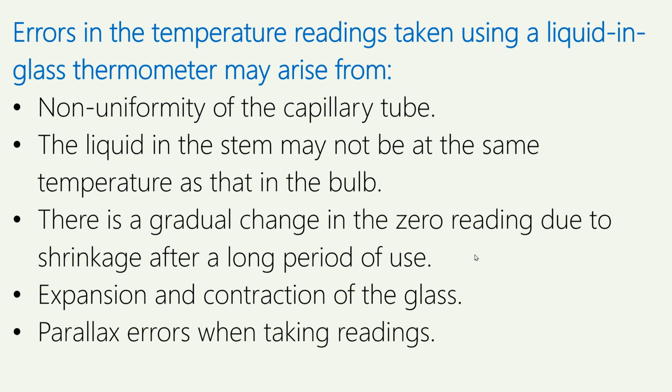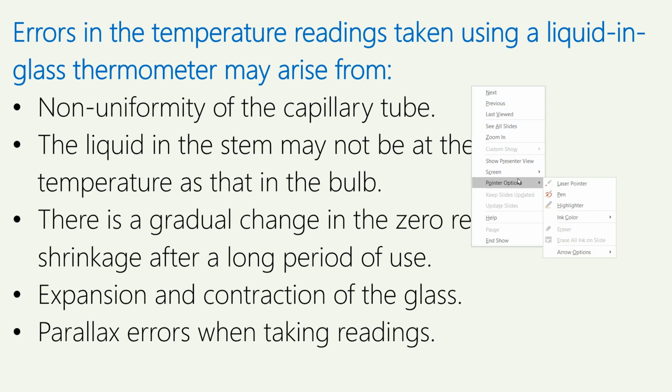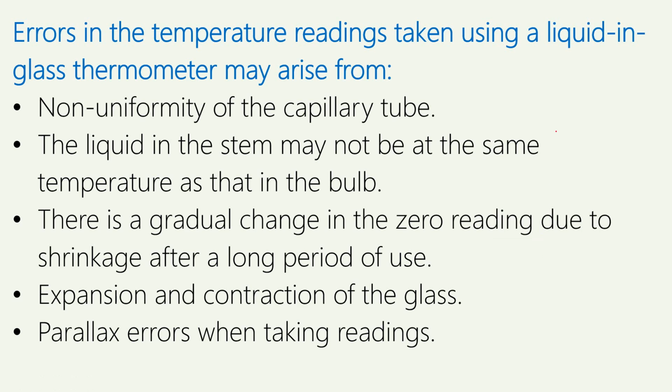And then lastly, we have what we call the parallax errors. Now, parallax errors: if you don't position your eye properly when you're taking readings, you can end up making what we call a parallax error. Parallax is the relative movement of two objects due to the movement of the observer. So in this case, let me maybe make a simple illustration here.